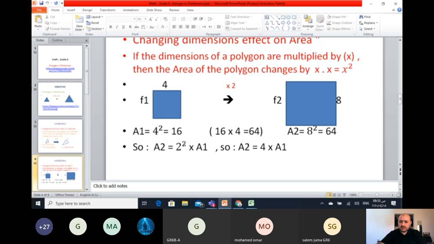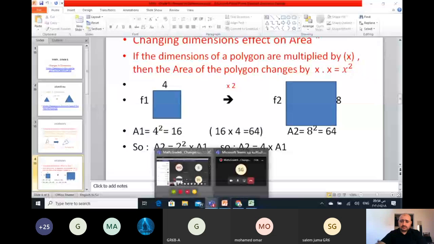So what happened? I multiplied the length by 2. So when I solve the area, I find here 2 squared, then multiply by the area of the first figure. So what is the change in the area? A2 equals 2 exponent 2, the change in the dimension, multiplied by the area of the first figure. This is the change in the area.